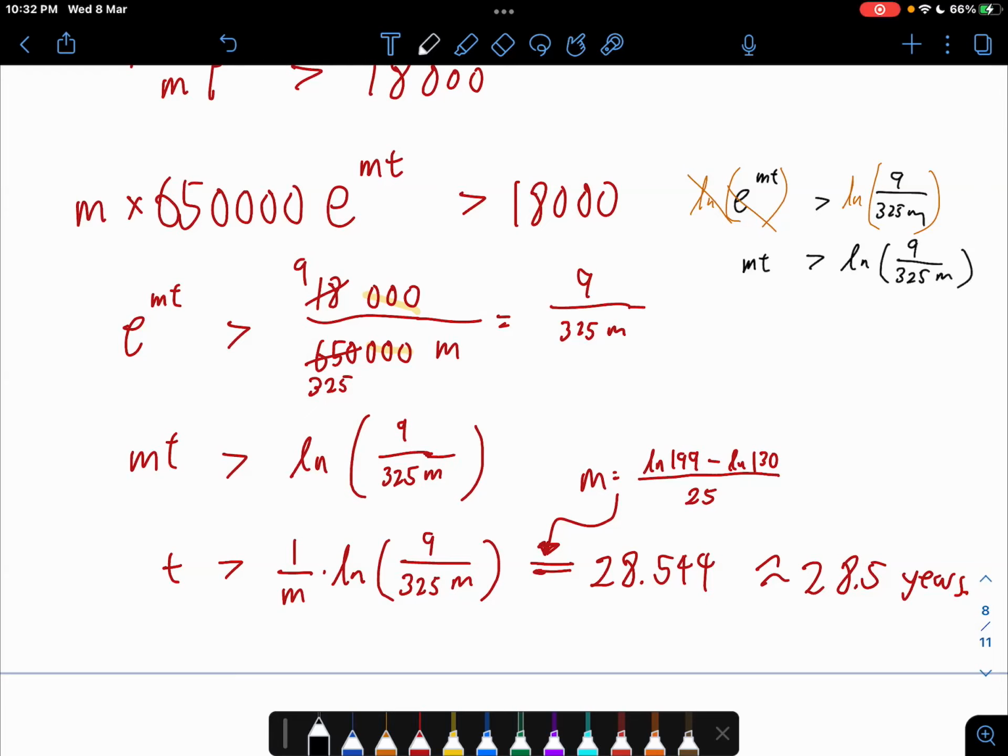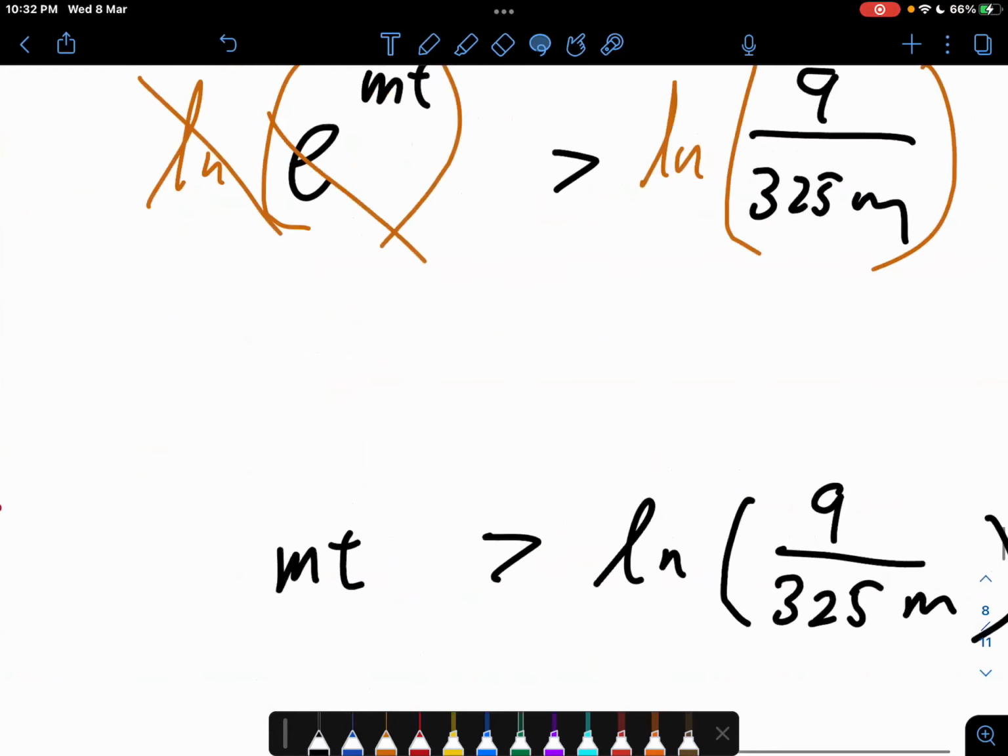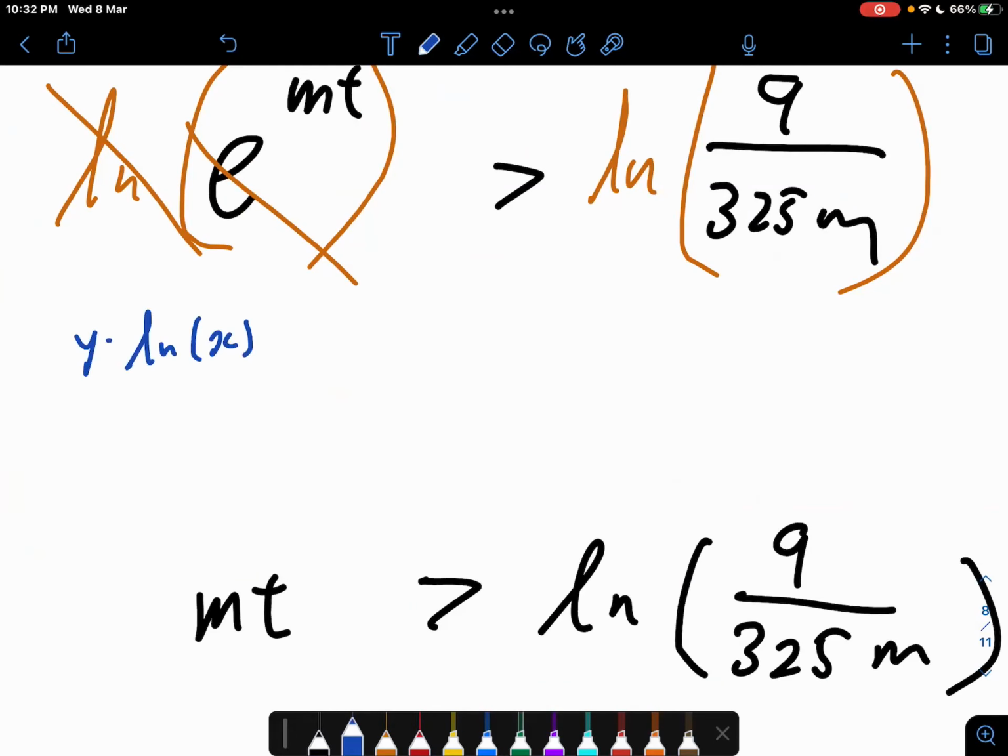Very good. So now here, please take note that I don't need to change the direction of the inequality. The reason is that ln of x is a monotonically increasing function. What's monotonic?